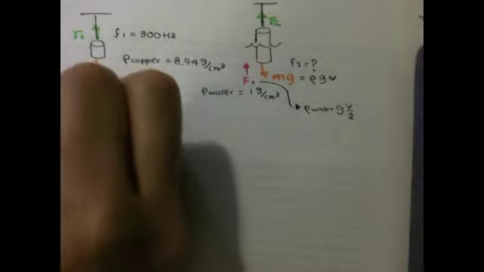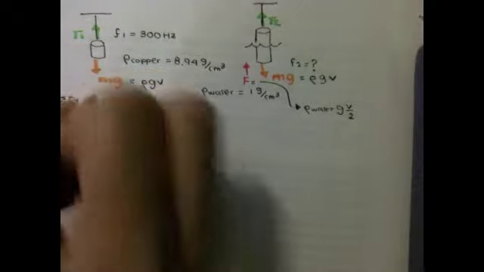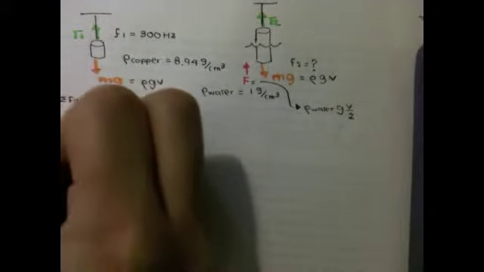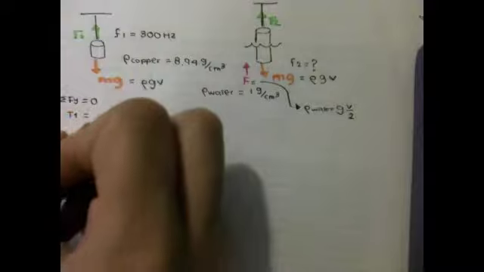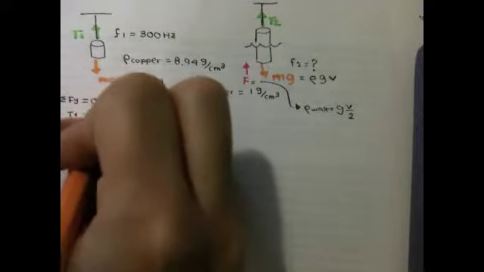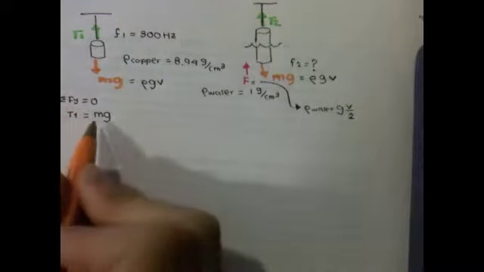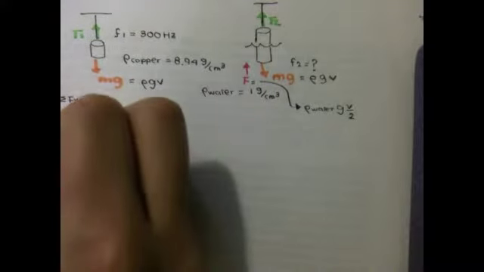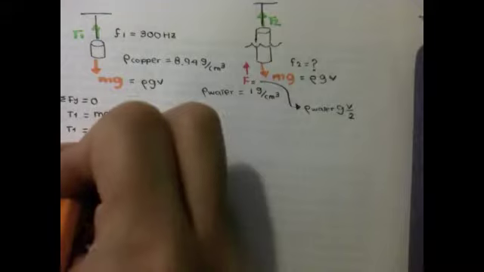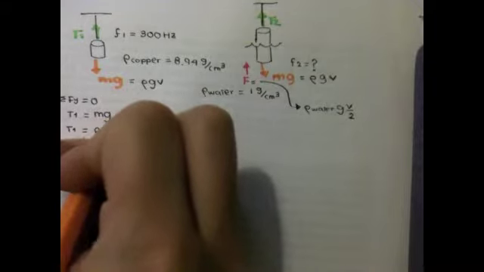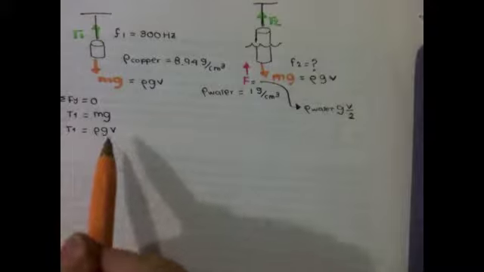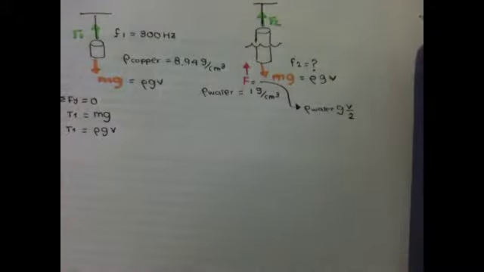Now we can make the sum of forces in Y equal to 0, and we get that tension 1 is equal to mg, that is the weight of the cylinder. By substituting, tension 1 is equal to the density times the gravity times the volume.